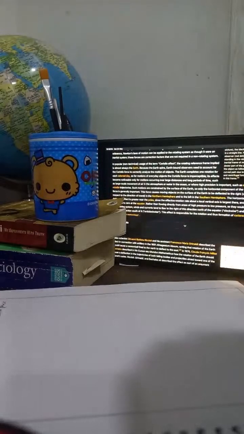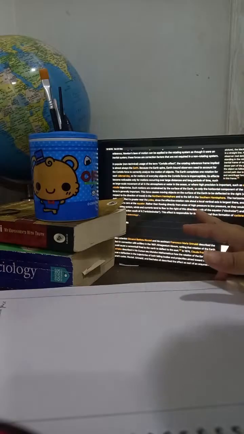In popular non-technical use of the Coriolis effect, the rotating reference frame implied is almost always the Earth, because the Earth spins. Observers need to account for the Coriolis force to correctly analyze the motion of objects. The Earth completes one rotation for each sidereal day.